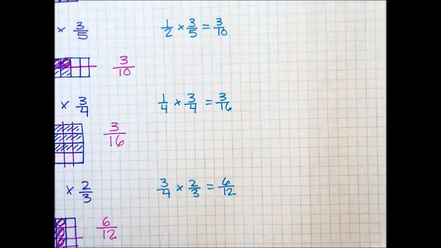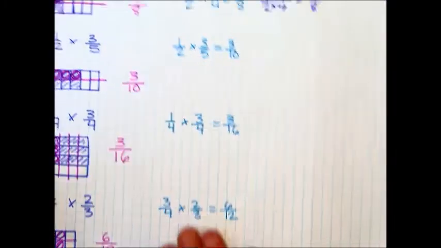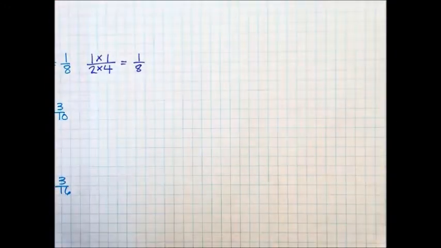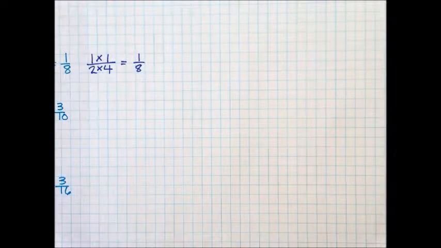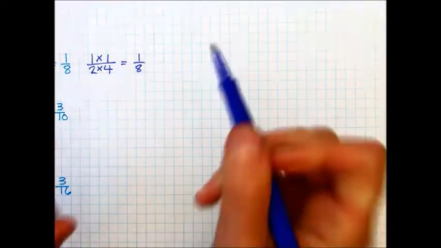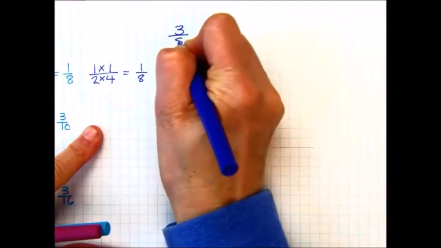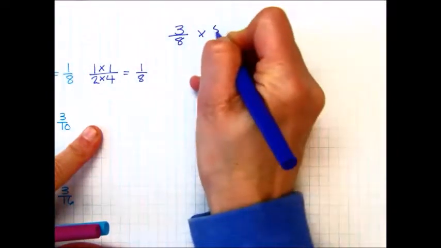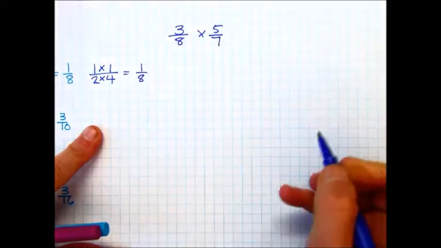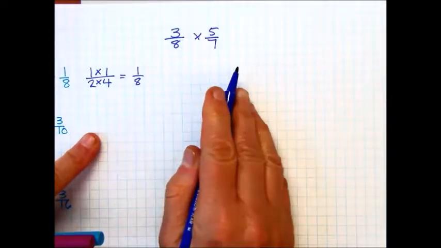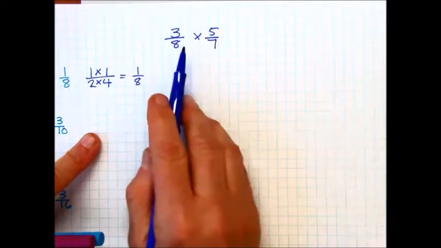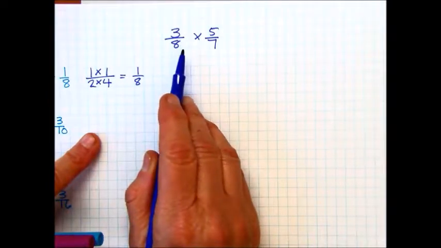Now let's do some problems without the models. Let me write some down for you. Here we have 3/8 times 5/7. Now I'm not going to draw a picture, but we're going to go ahead and follow the pattern that we saw.